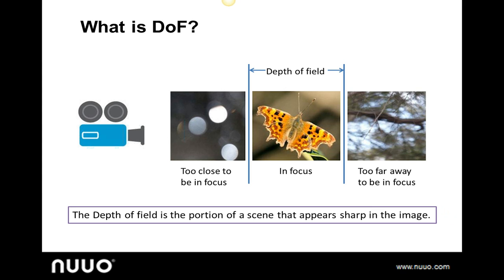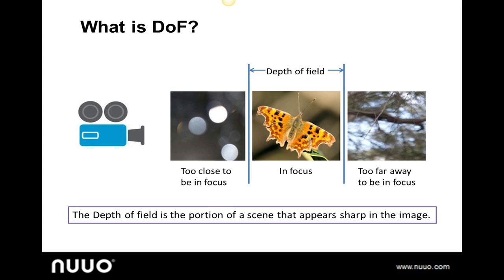This range, we call it the depth of field, and it indicates the distance between the closest and the furthest point that come into focus under the same focus adjustment. In other words, the depth of field is the portion of a scene that appears sharp in the image.